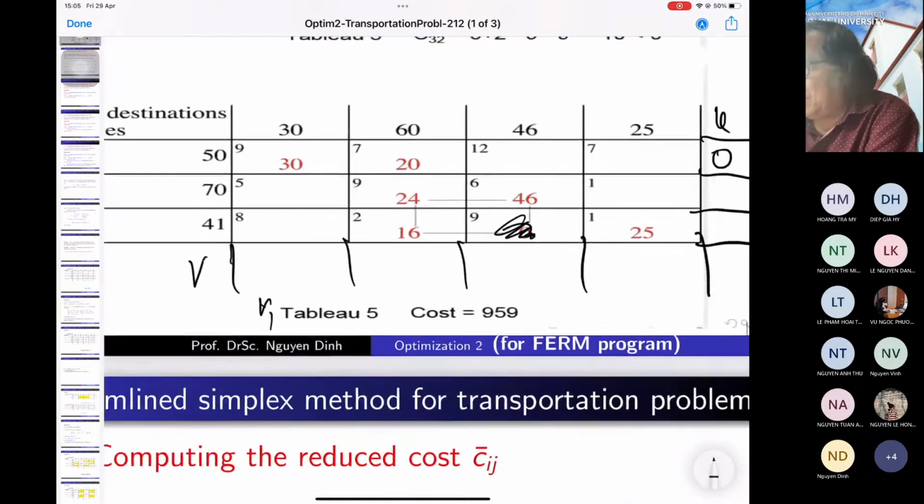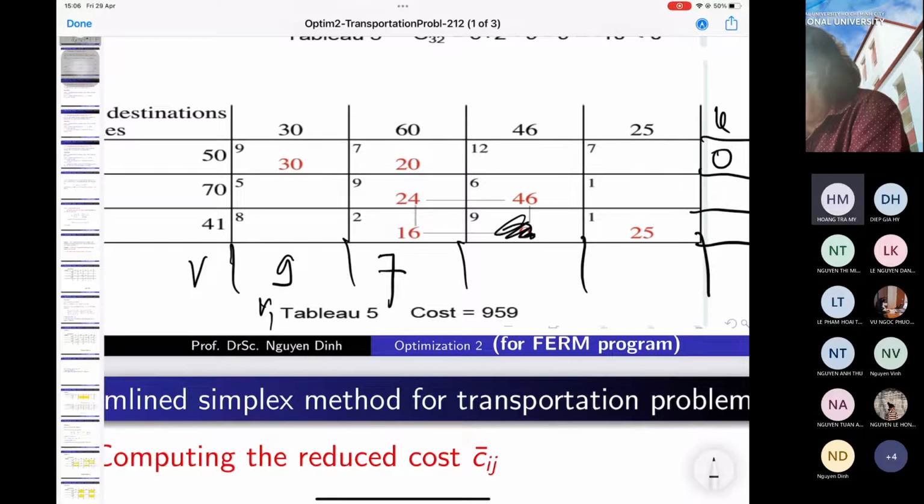Hello? 9. Okay. And V2 is what? 7. Okay. And then V3. 12. Just a moment.